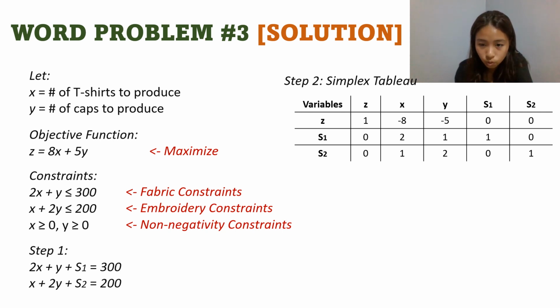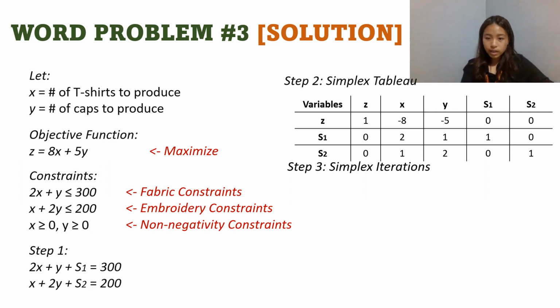In iteration 2, pivot column y, pivot row slack 1, with 2 and 1. In iteration 3 there are no negative entries in the objective row, and the optimal solution is reached.